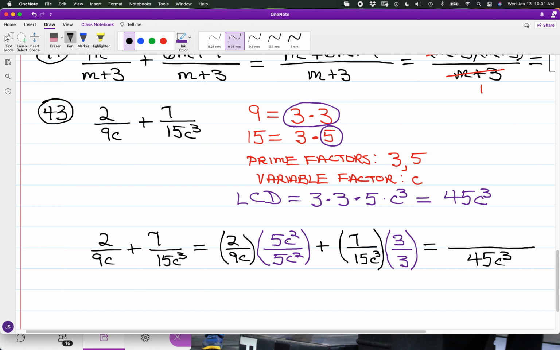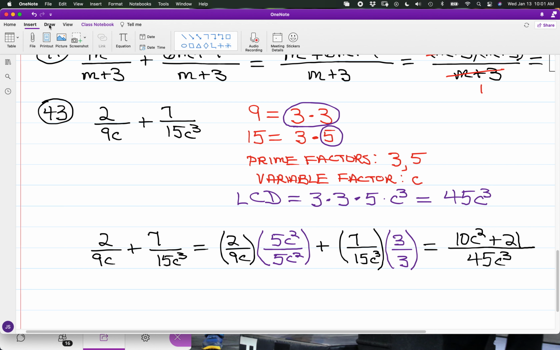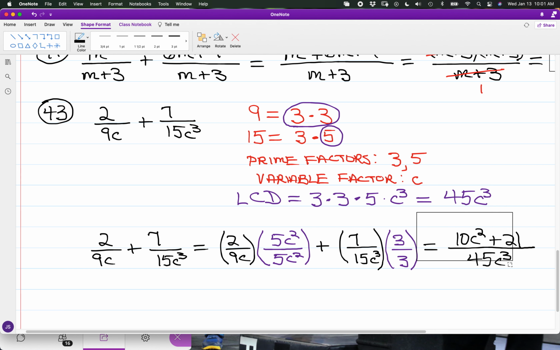And we can go ahead and combine the numerators. So you have 2 times 5c squared, so this will be 10c squared, plus 7 times 3, so this will be plus 21. And that is going to be the final result.